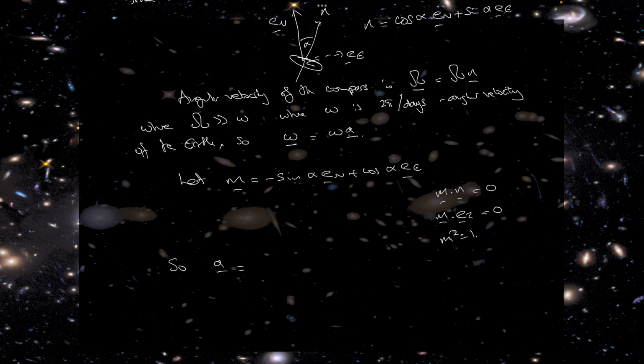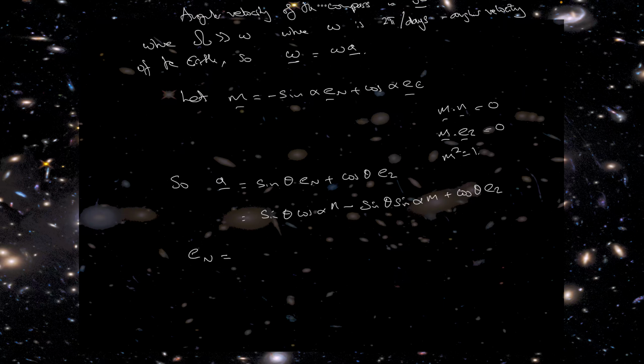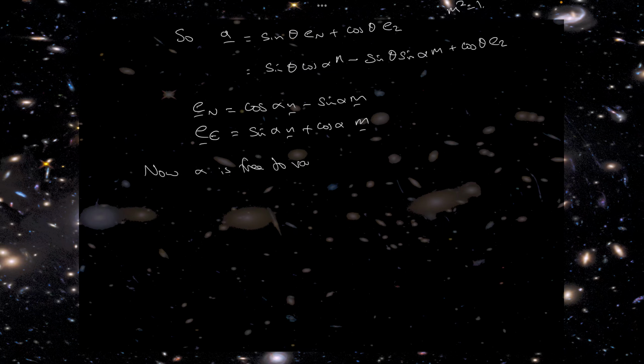So A, if you remember, was sine theta E north plus cos theta Ez, which is equal to sine theta cos alpha n minus sine theta sine alpha m plus cos theta Ez, where we have used that E north is cos alpha n minus sine alpha m, and E east is sine alpha n plus cos alpha m. Now alpha is free to vary, so there is an angular velocity alpha dot Ez accounting for this motion.